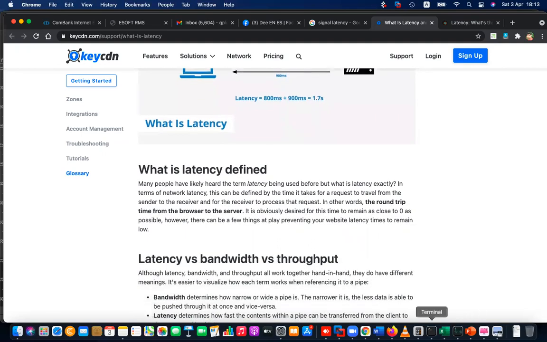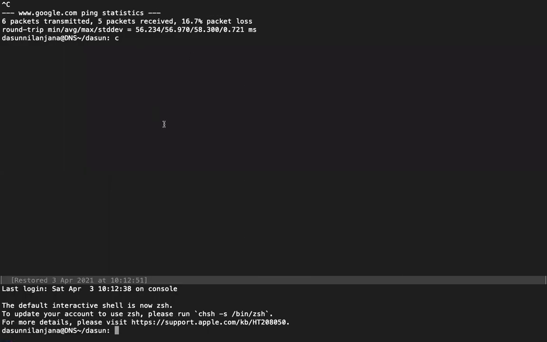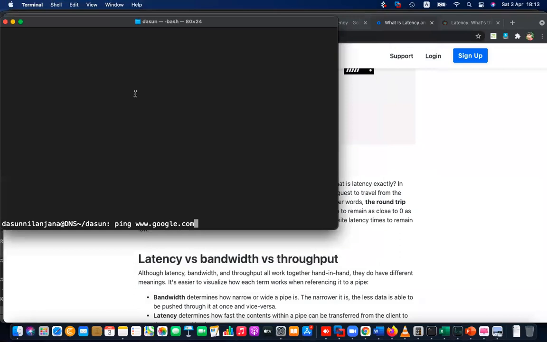This is measured, and you can type this command in your command line. When you type ping space www.google.com, you can also type this command in your computer command line.